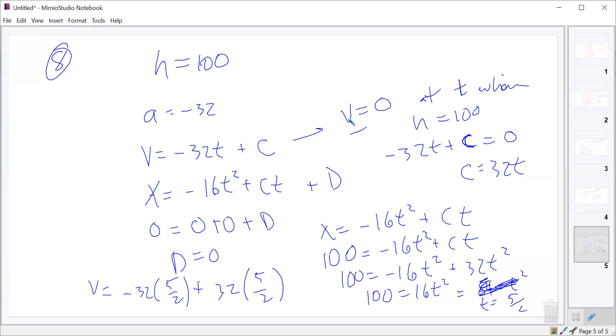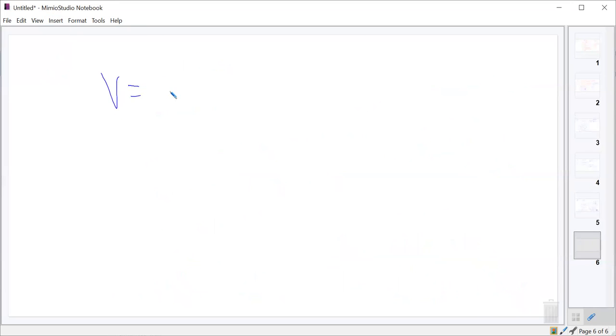So, right. We got this 5/2. This 5/2 is correct. We have velocity equals negative 32t plus that constant that we had. I didn't recognize until I flipped the book and looked at it that when t equals 0, v is the initial velocity.